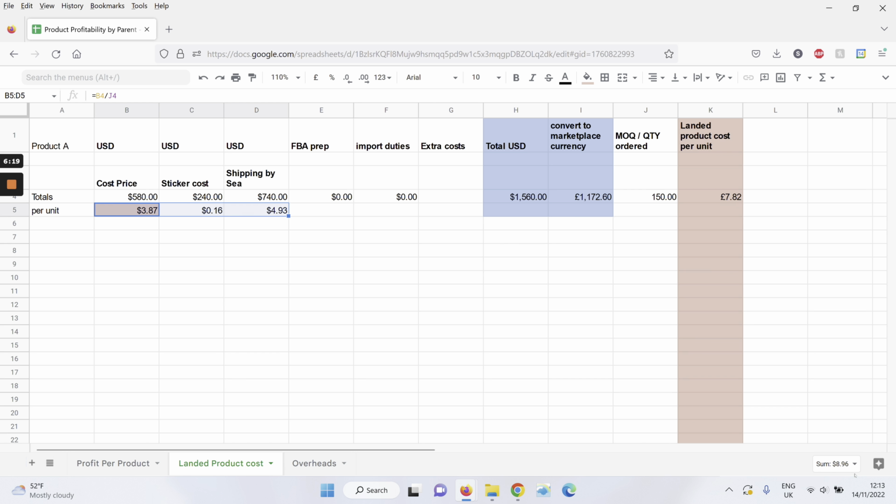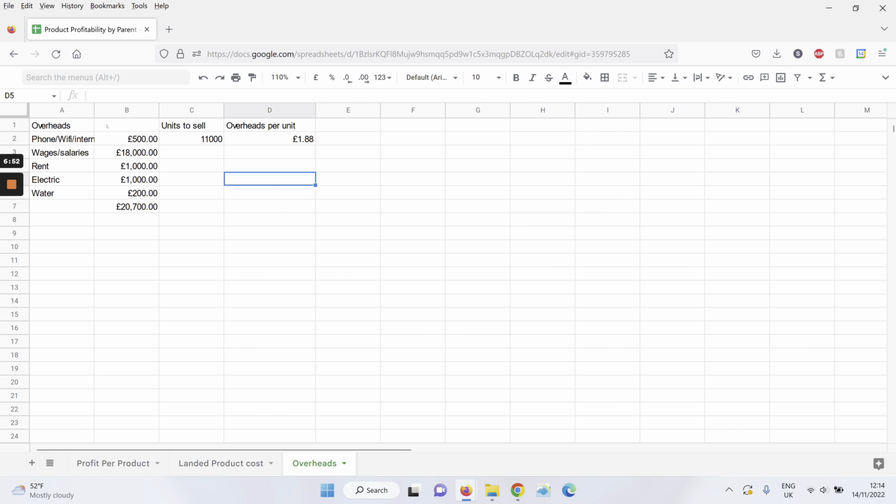Okay, and this is what you should base your price on, what it's actually going to cost you. So I'm just going to add that in here, $8.96 per unit. So this is how you will do your per product cost calculation, landed product cost. You can just copy down the same formula and do it for each product.